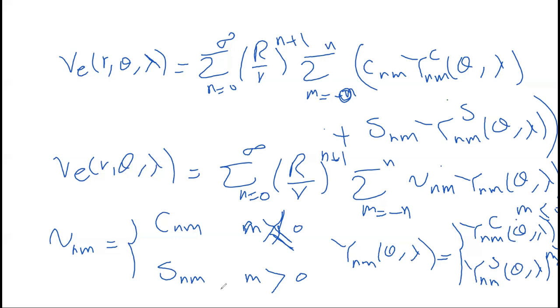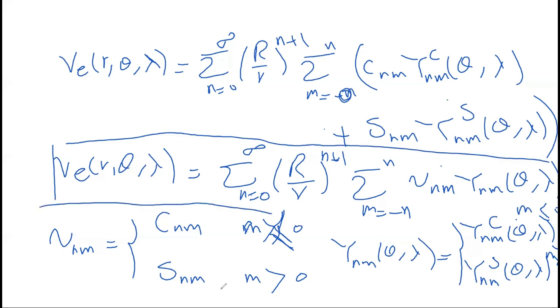So the mathematical formula that we need to work with for the rest of the course is that one. Again, r is the geocentric distance of any point outside the Earth from the Earth's center of mass. V_nm are spherical harmonic coefficients, and Y_nm are spherical harmonic functions. What does that mean, this series?